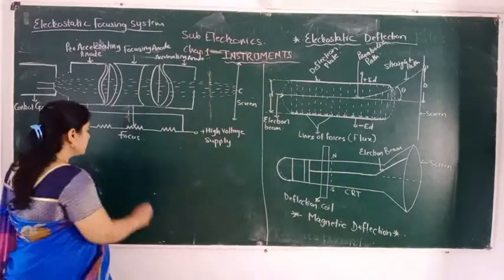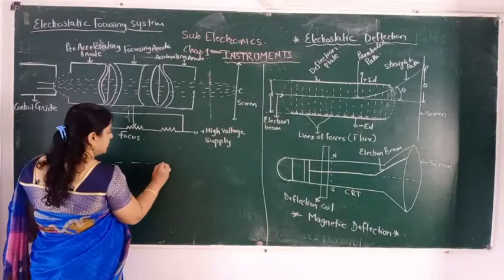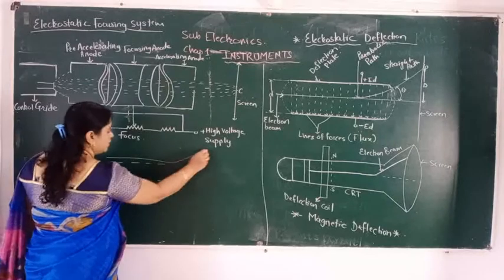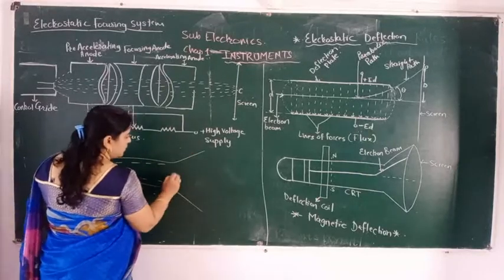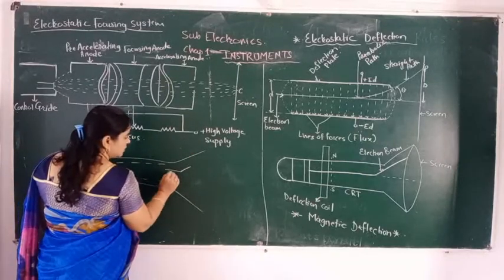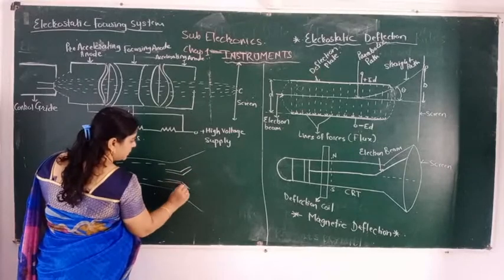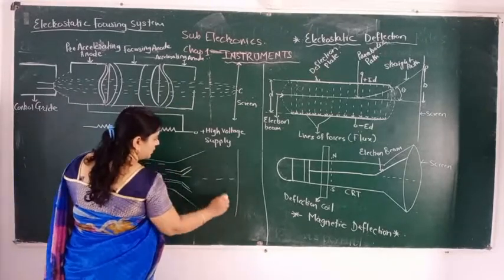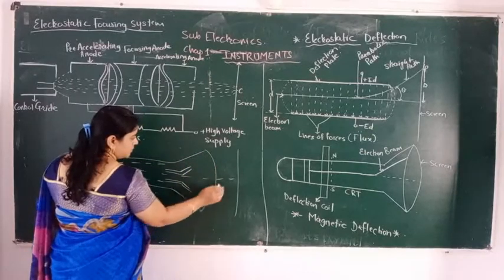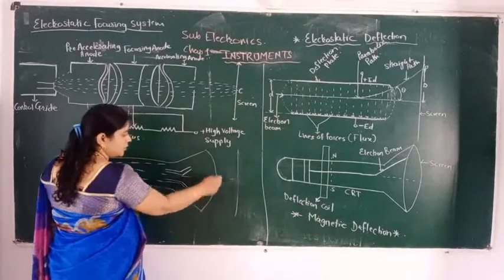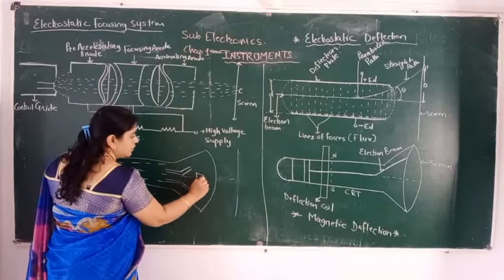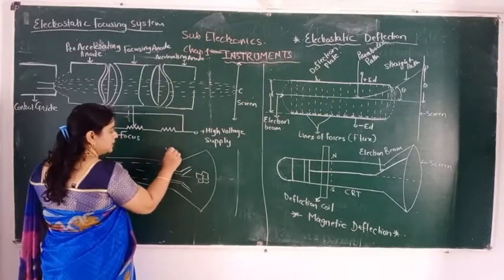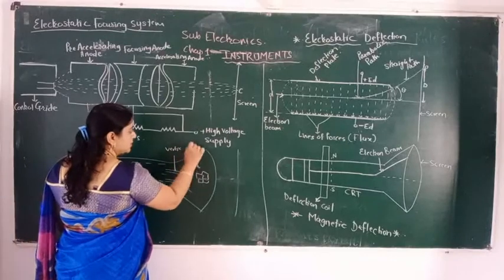There were 4 accelerating plates, isn't it? One horizontal, vertical plate was there, and this is the beam on the screen. This was the screen. These are the vertical plates and these are the horizontal plates.